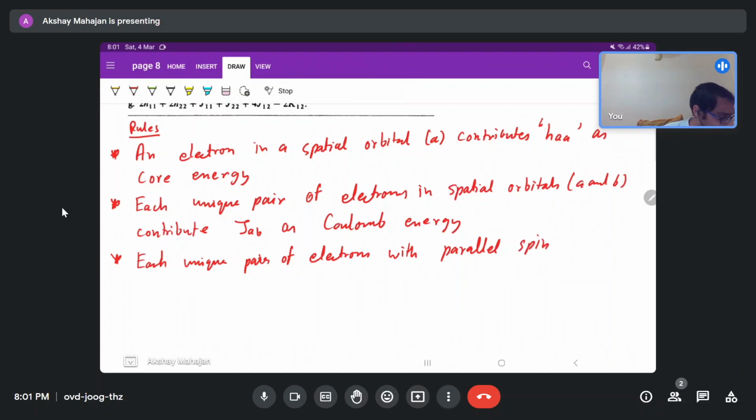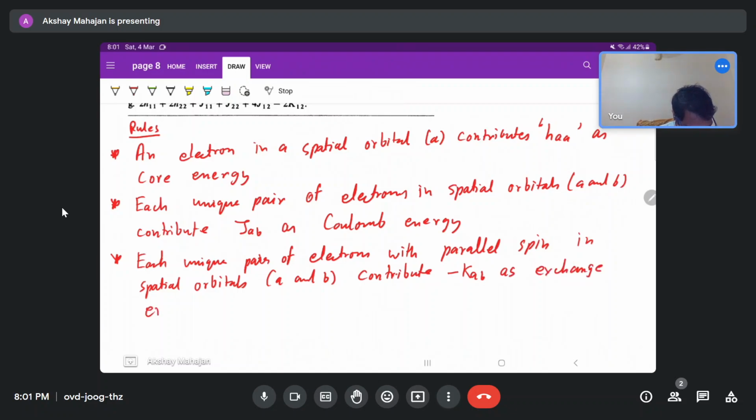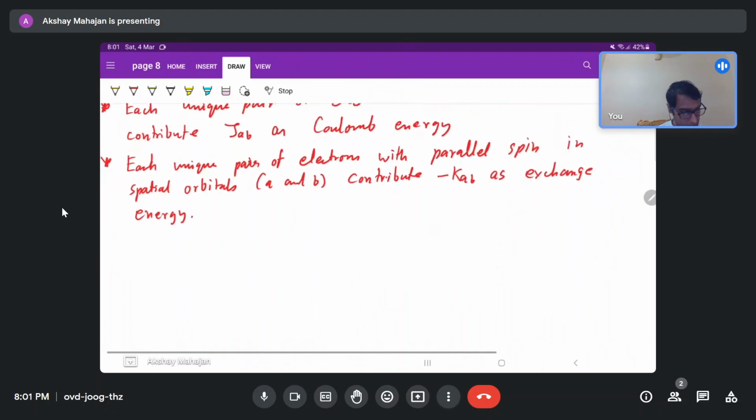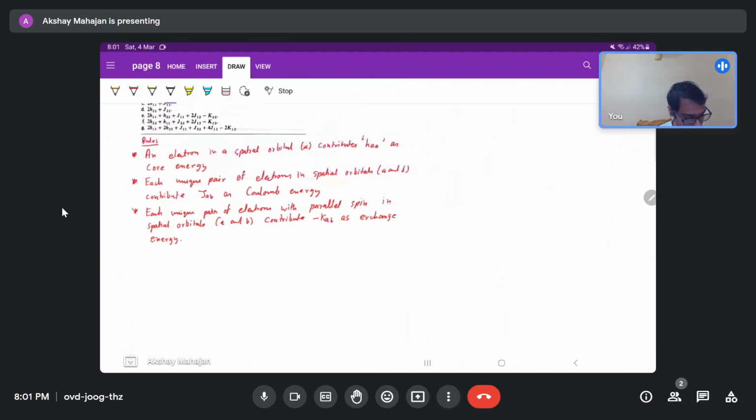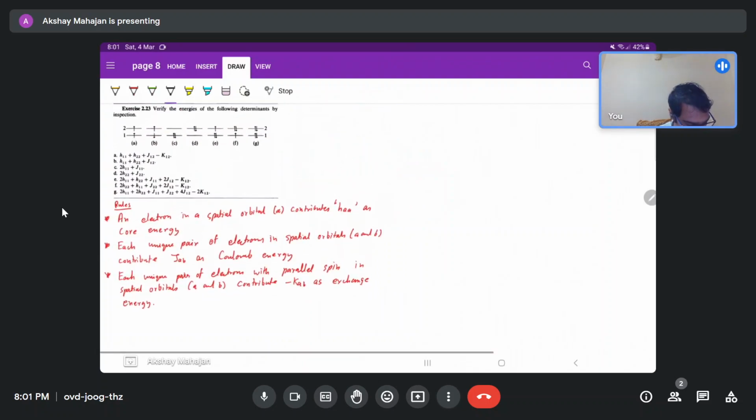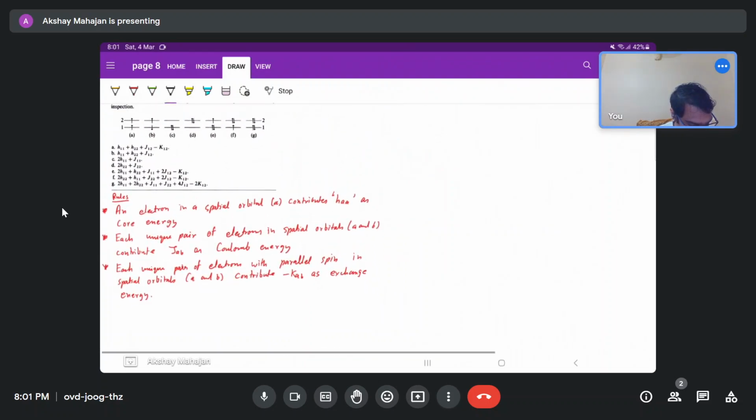So we have to check the parallel spin in spatial orbitals A and B, which contribute minus KAB as exchange energy. Yeah, so these are the rules that we have studied, and now we can try to solve a few of the problems.